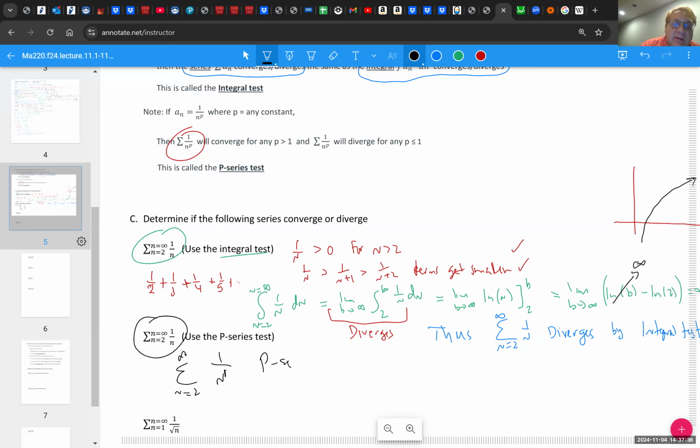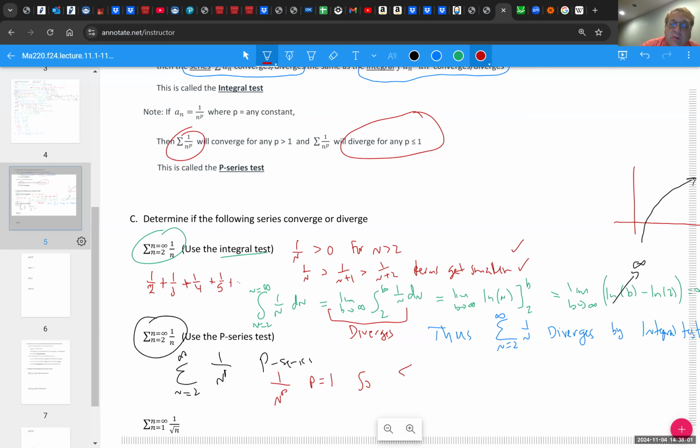It does fit the 1 over n to the p format, where in this case, p is equal to 1. So it's 1 over n to the first power. According to our p-series test, it will diverge for any p less than or equal to 1. So this is definitely less than or equal to 1.